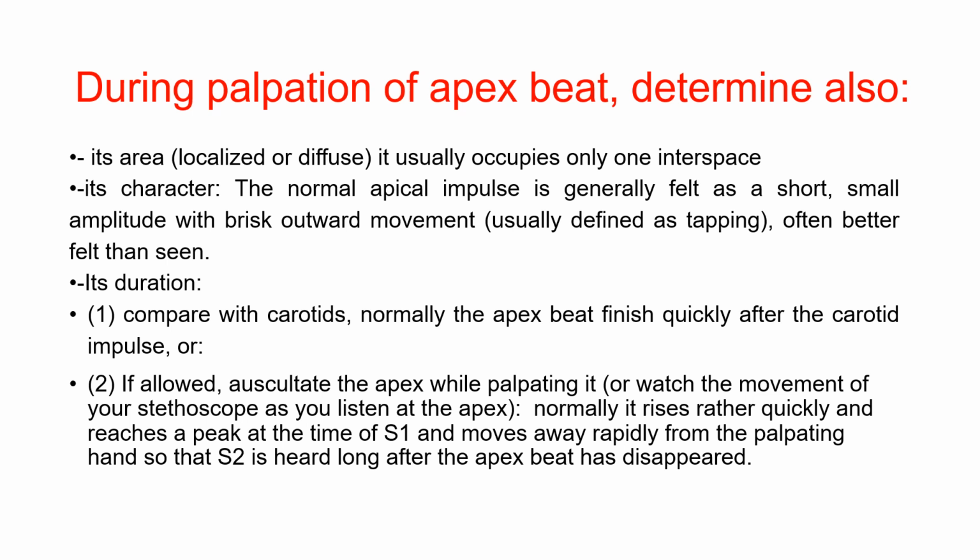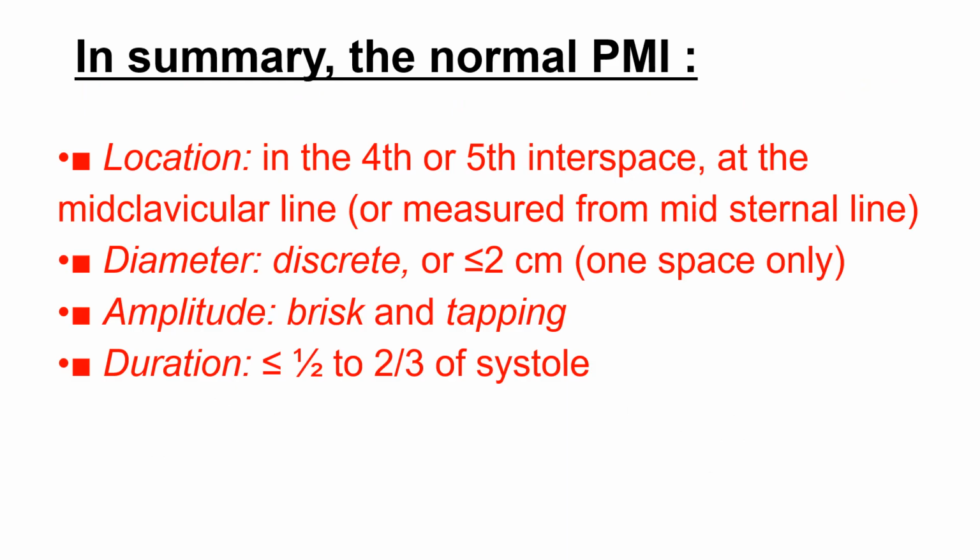Or when we auscultate the apex, if we are allowed to auscultate, we can also see if it is coming with S1, the first heart sound, and continuing to the second heart sound, or only very short. Normally, the normal apex beat should be at the 4th/5th intercostal space, mid-clavicular line. In diameter, it should be localized, meaning that it is only in one space.